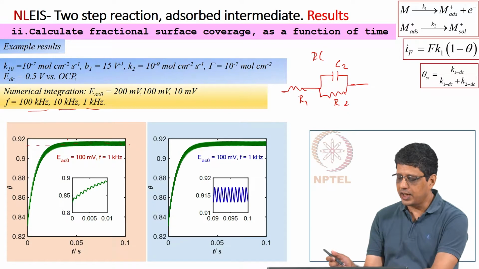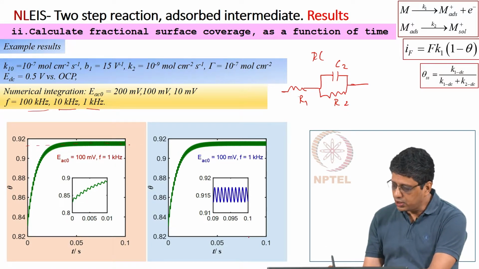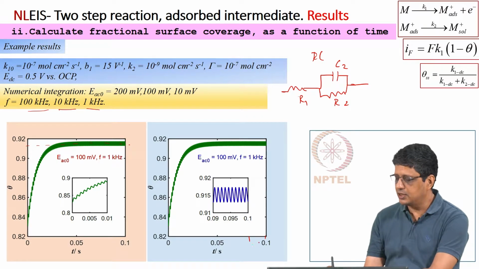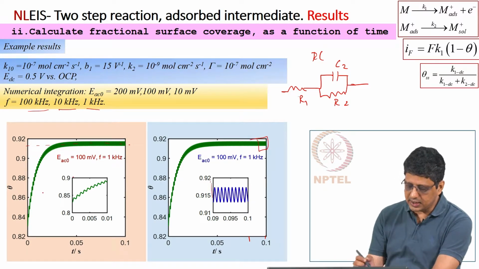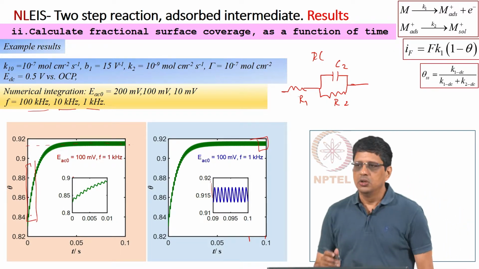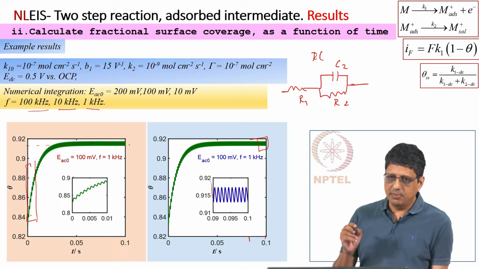If you just read off the graph, you can see that after some time, when we are close to 0.09 to 0.1 second, that is close to 100 milliseconds, it has stabilized. So, this inset shows the result close to this value and this inset shows the result close to this value. So, it takes some time to stabilize and give steady periodic result.